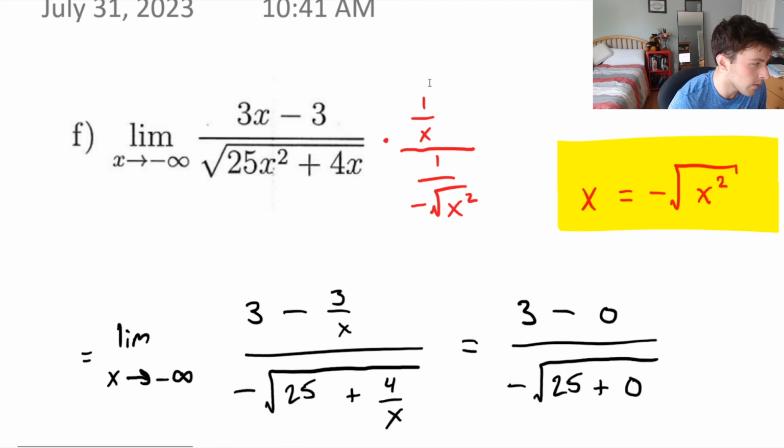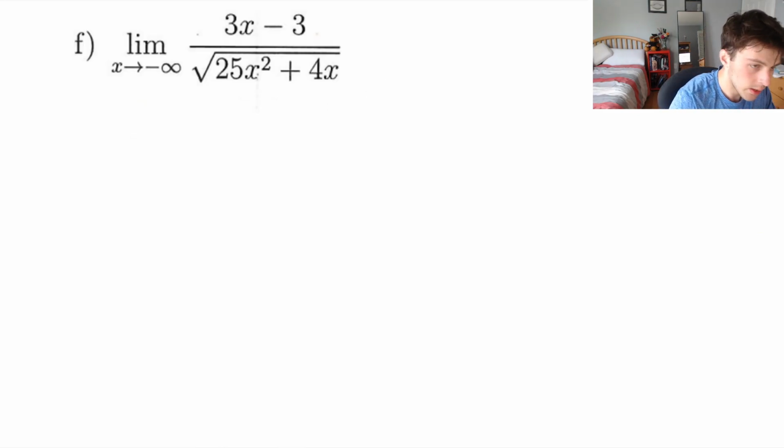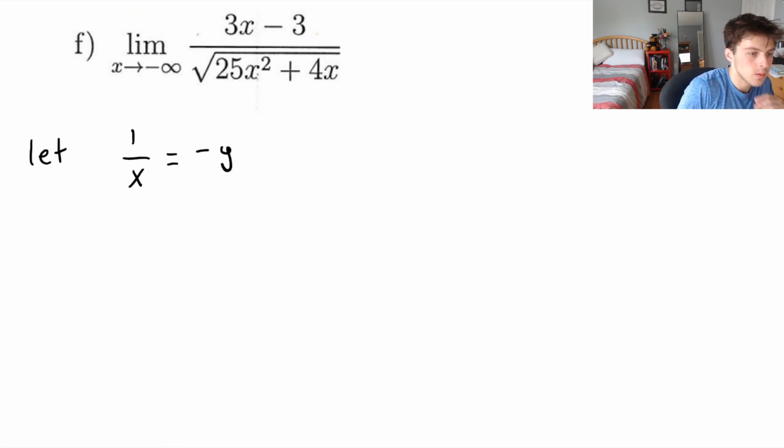It's just a little bit of extra work, I would say. So instead of doing that, let's now say that 1 over x is equal to negative y. And you'll see why we'll do this in a second. We're trying to get rid of this negative infinity, and let's just make things positive numbers.